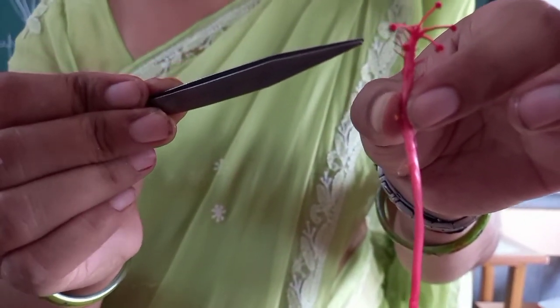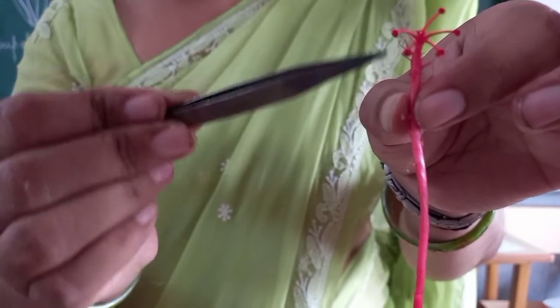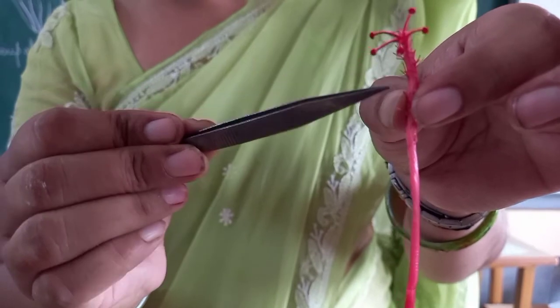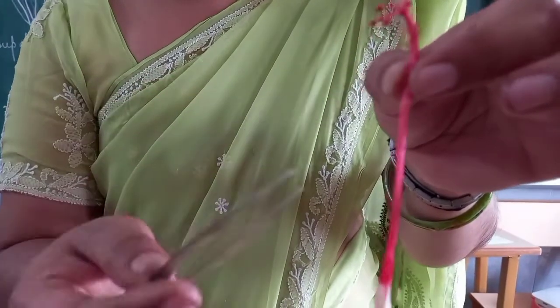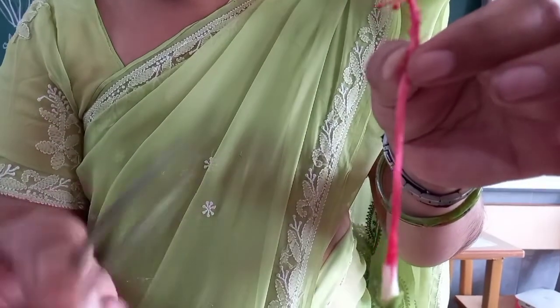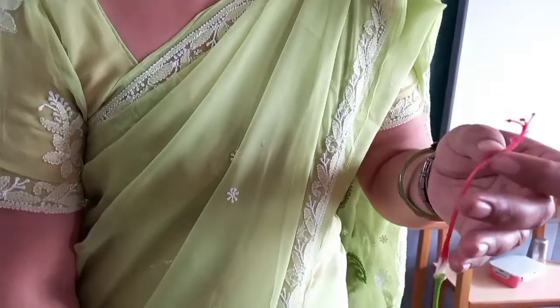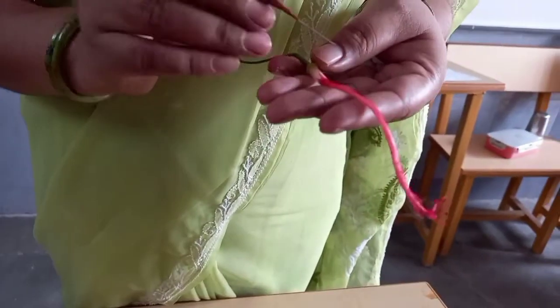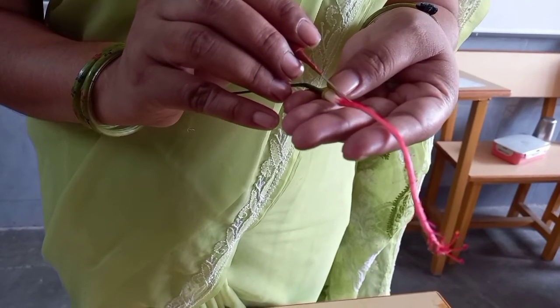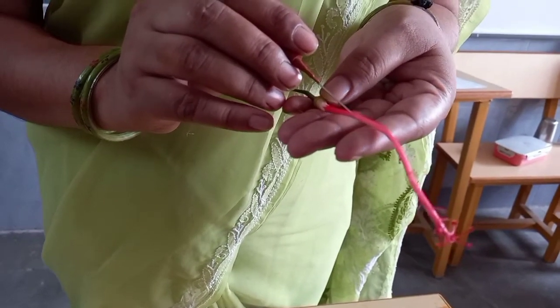Now, for fertilization, okay children, we have to take out the style, and style here is covered with this red covering. So we have to take the needle and dissect or open this upper cover of the flower.